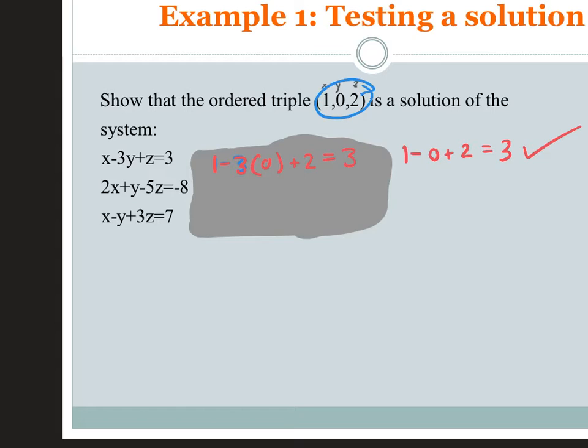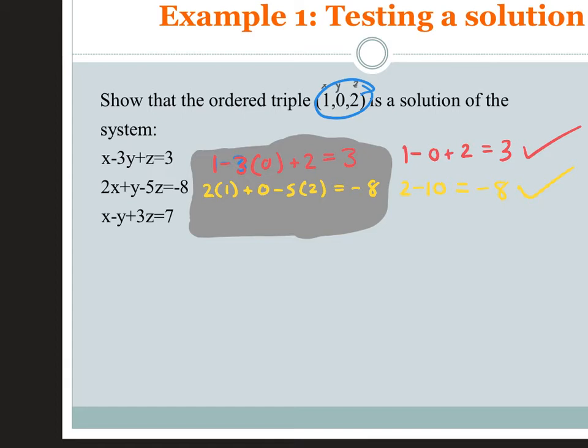We can check the next one. Again, we plug in our x, y, and z. So 2 times 1 plus 0 minus 5 times 2 is equal to negative 8. So 2 minus 10 is equal to negative 8. This is true, so that works.